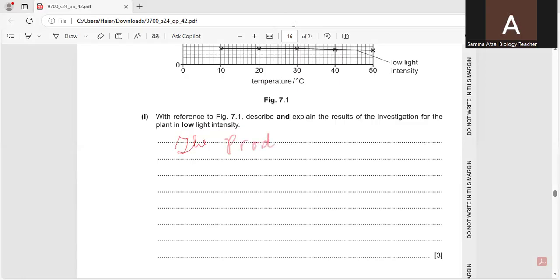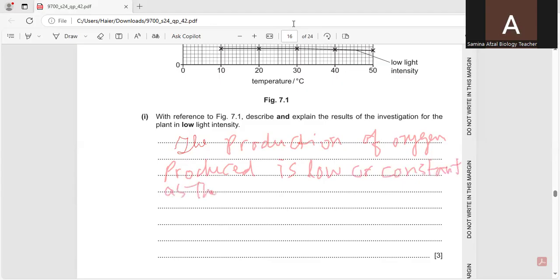The production of oxygen produced is low or constant as the temperature increases.